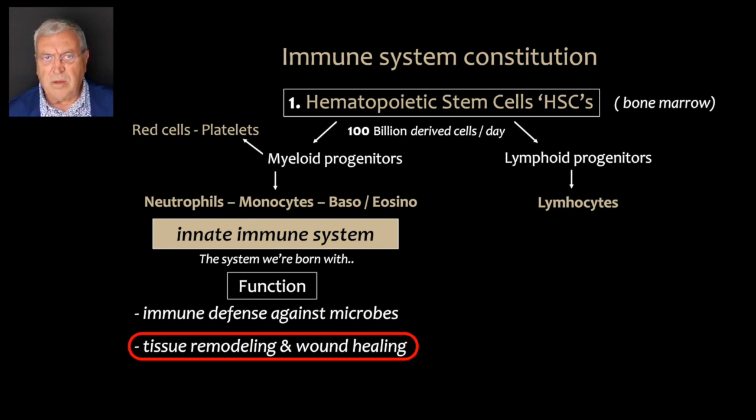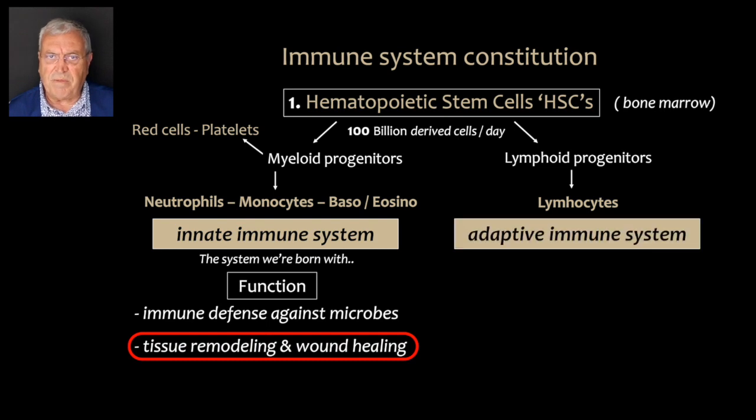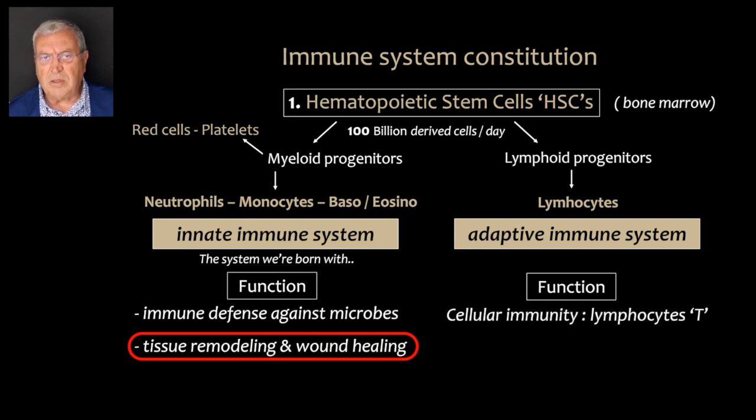On the other side, the lymphocytes organize the adaptive immune system. We say acquired after a time. Its function is first to organize the cellular immunity with the T lymphocytes and the humoral immunity, the B lymphocytes, producing antibodies.